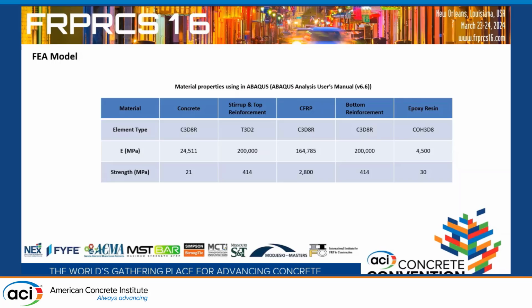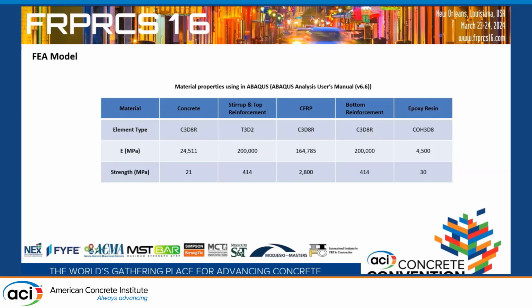C3D8R. And for CFRP, I also use C3D8R. But some researchers and some simulations online use a 2D model to simulate CFRP. Here, why do I use 3D? Since I want to use different materials in the future to rehabilitate beams with corrosion, like steel plate.